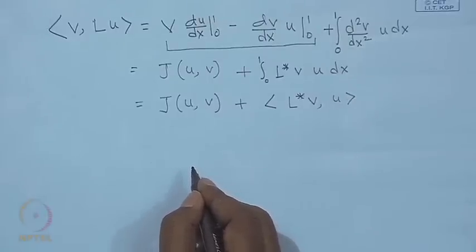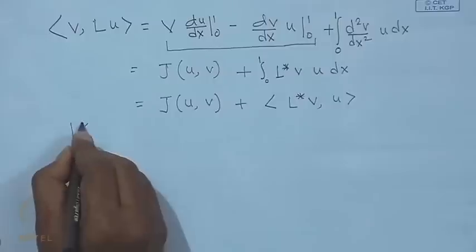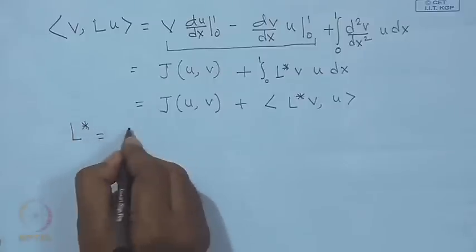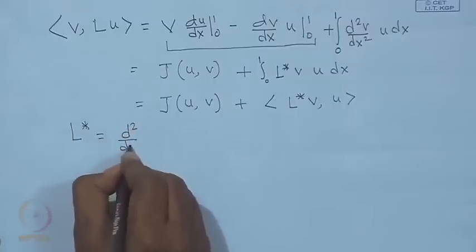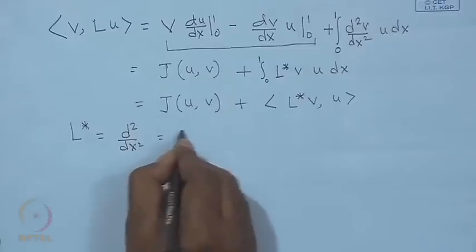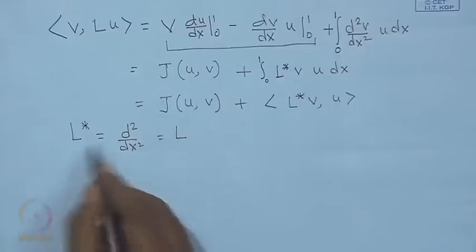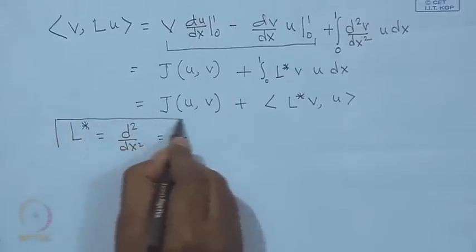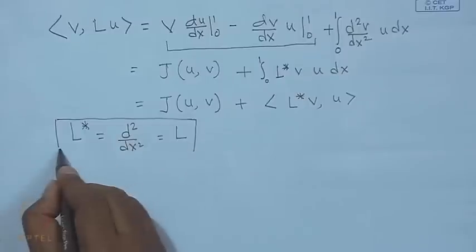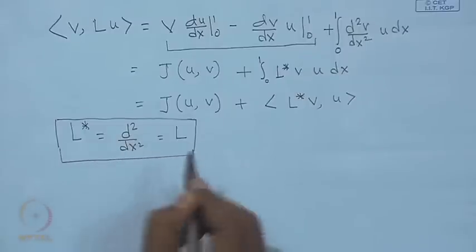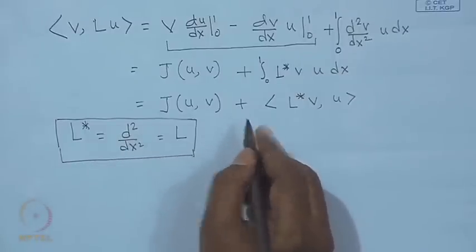So, if you look at what L star is, it is d²/dx² and it is the same as L. So, we can identify that the operator is the self adjoint operator.